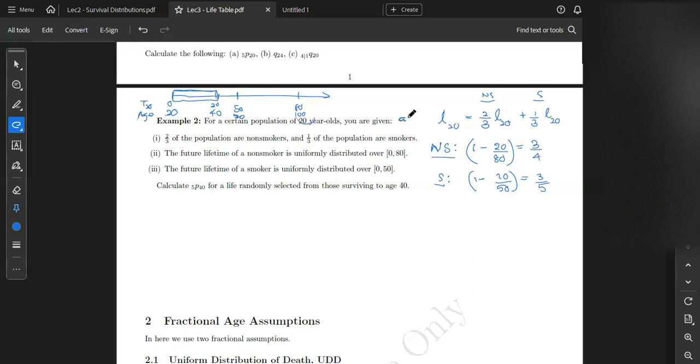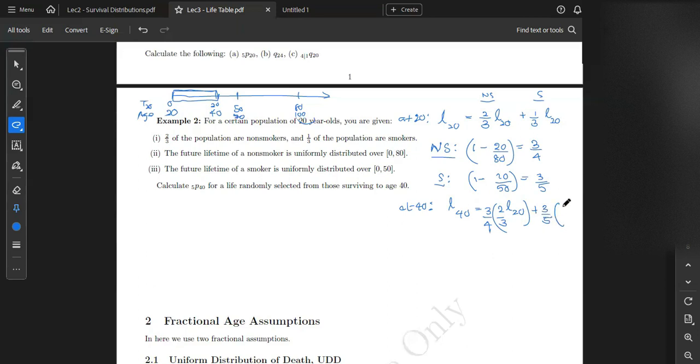So at 20 and now at 40, initially we had this much of non-smokers, and after 20 years, we have to multiply this amount to get the survivors.